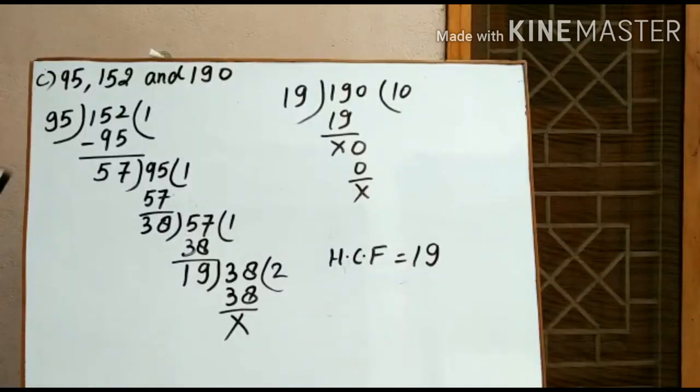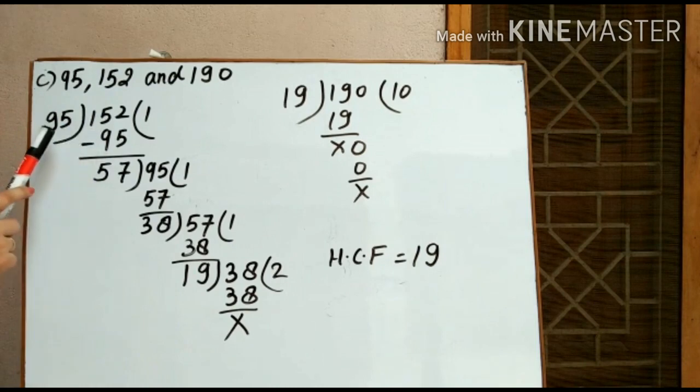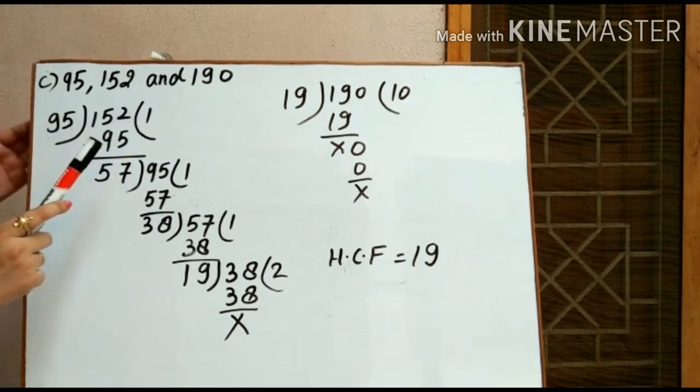Next, C. 95, 152 and 190. I have told you, first of all, we will take last two number. Among these two number, 95 will be divisor and 152 will be dividend. Let's divide 95 1 ja 95.